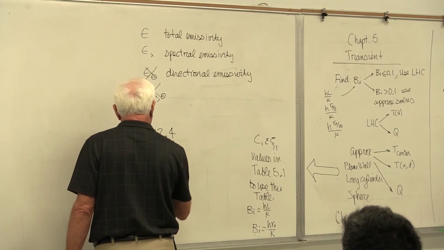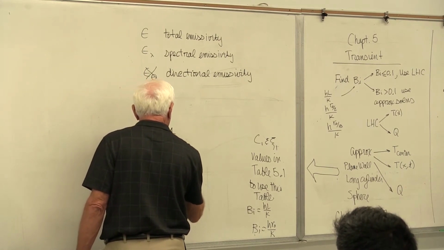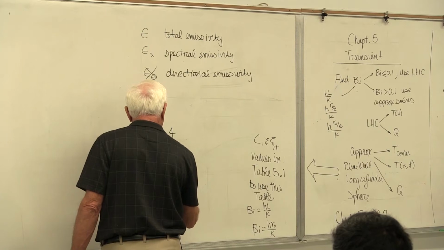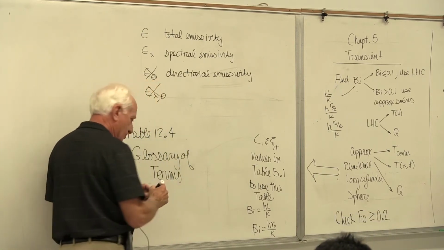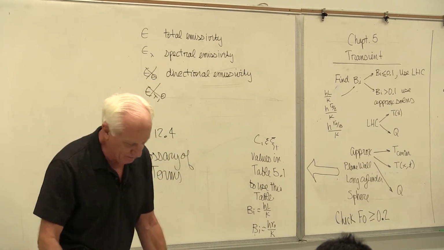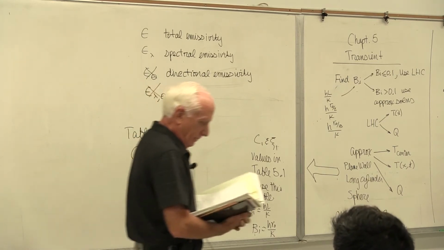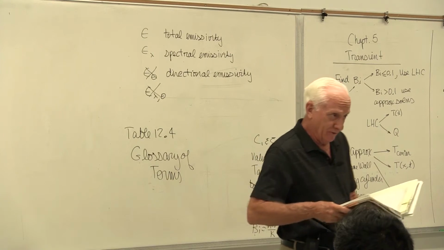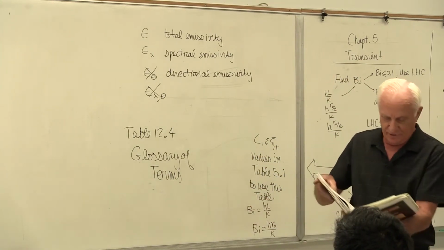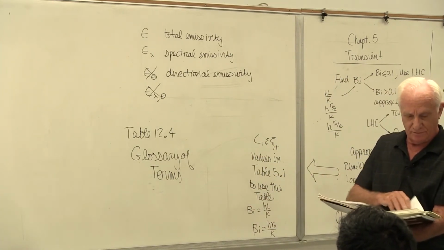Glossary of terms. The author put it there because, as I told you, chapter 12 is pretty much the language of radiation, but it has all these words defined. So if you ever get confused, I'll just read a few. It's on 2 pages of words.